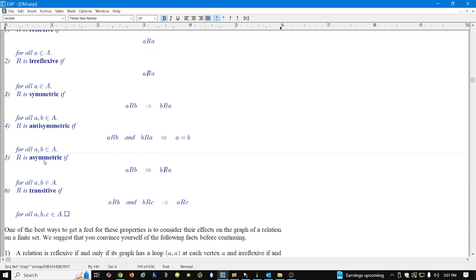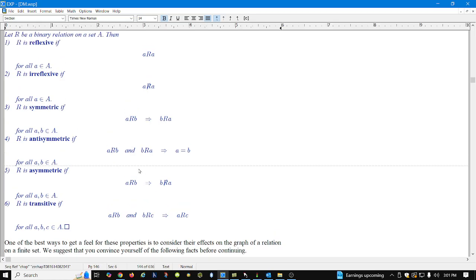R is asymmetric if aRb implies b not Ra. So if a is related to b, then b is not related to a. And finally, R is transitive if aRb and bRc implies aRc.